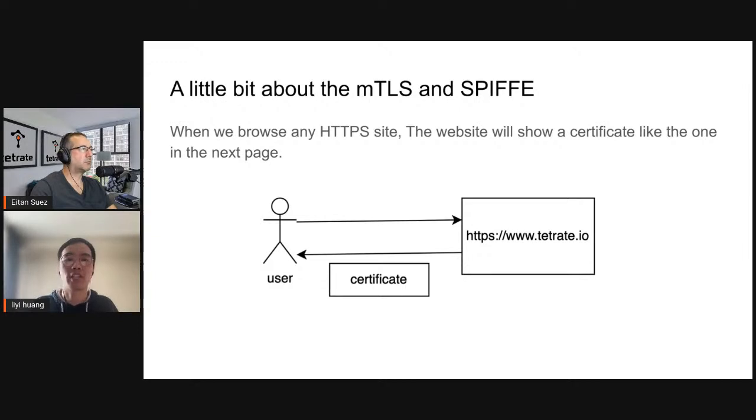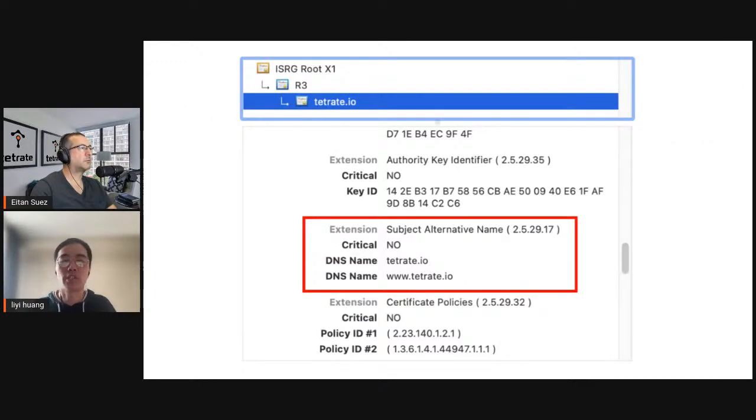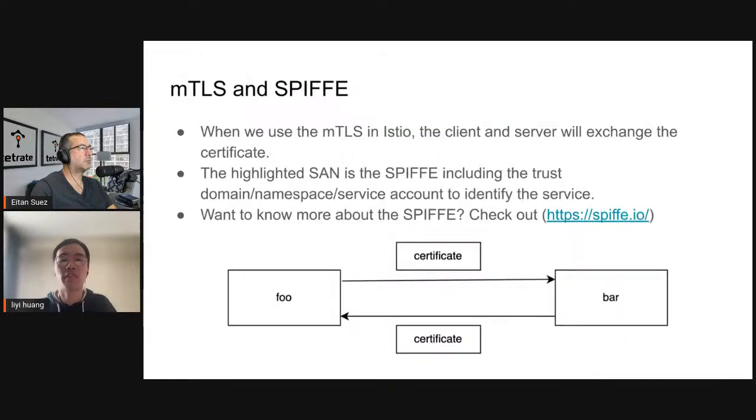It's the same concept for mutual TLS and SPIFFE. Let's say when foo calls bar, foo is a client and bar is a server. Usually in the normal TLS way, bar is gonna give a cert for foo to identify that bar is bar.